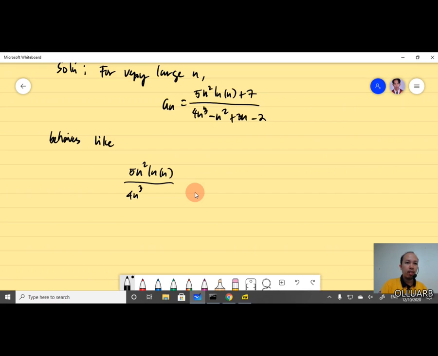Okay, and then if you simplify this, we have 5 ln of n over 4 times n, which is clearly greater than 1 over n for all n greater than or equal to 2. So we can choose our b sub n to be this one, or we can choose this as our b sub n.